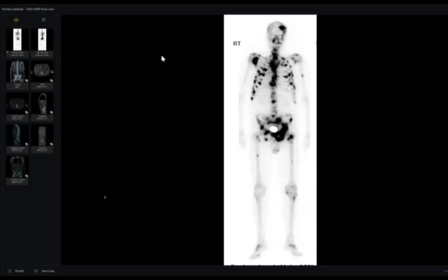In a 70-year-old male patient with a super scan and focal areas of increased uptake in the axial skeleton, my top differential would be metastatic disease, likely from prostatic cancer.